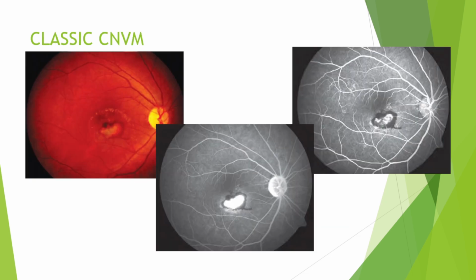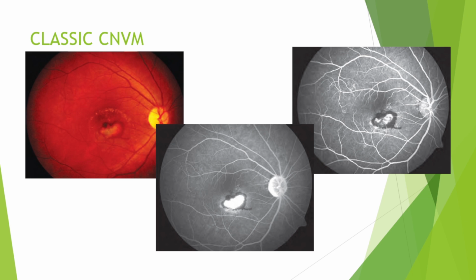So this is an example of a classic CNVM in which we can see in the early arteriovenous phase an area of hyperfluorescence, a lacy network of hyperfluorescence, which is surrounded by blocked choroidal fluorescence, suggestive of subretinal heme.